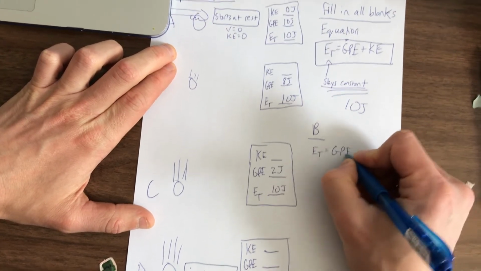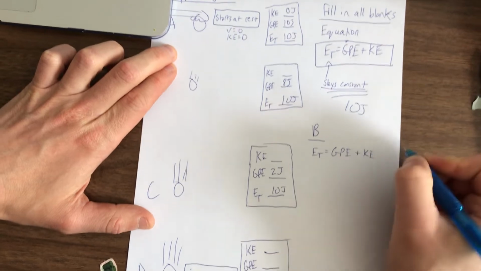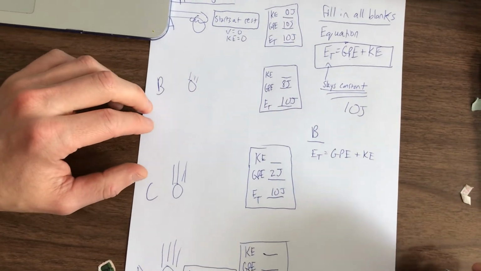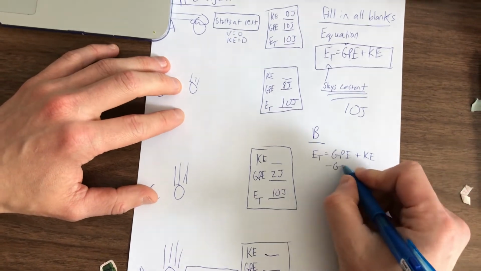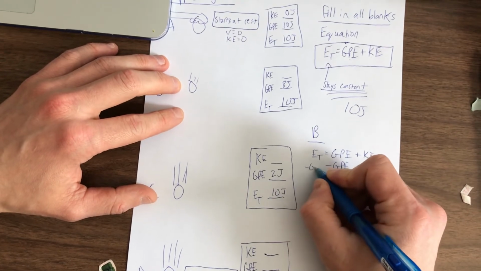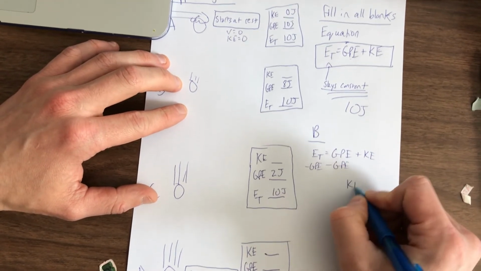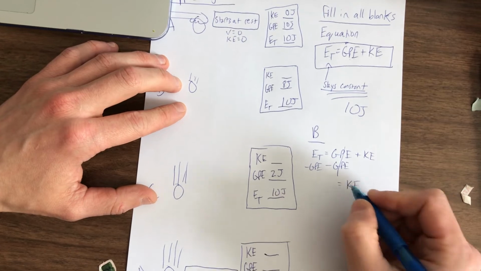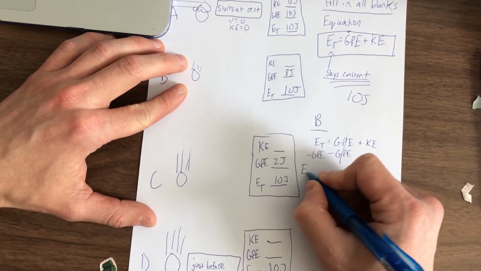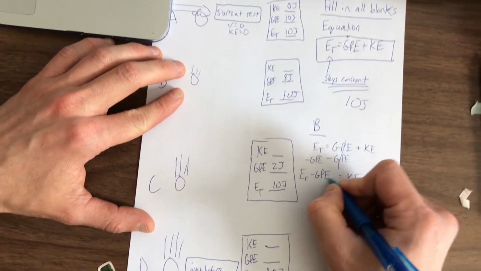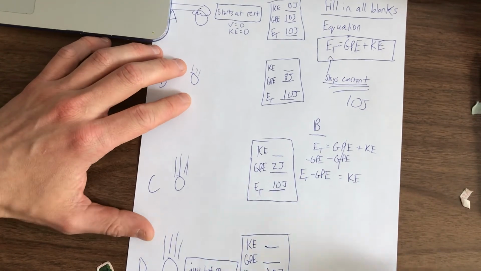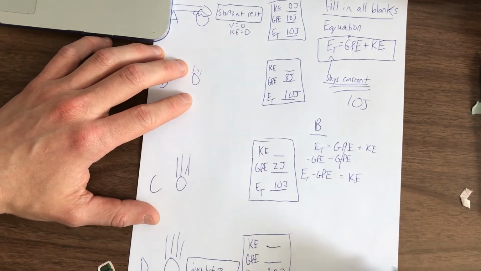Total is GPE plus KE. And if we rearrange that formula to solve for KE, let's take away GPE from both sides. It cancels on the right, and the KE we could say is the total minus the other part, GPE. All right, and we could write the formula like that.